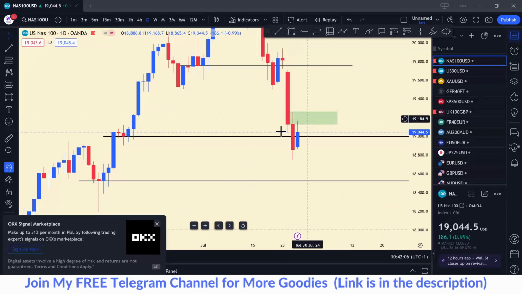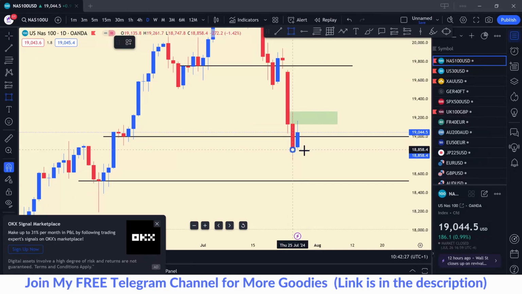Now, for me, because I am on the daily, I have to take cognizance that this setup that I'm trying to take will be an intraday session, because it's not a swing trade. I'm going to hold this trade for a few hours because of what we have here.